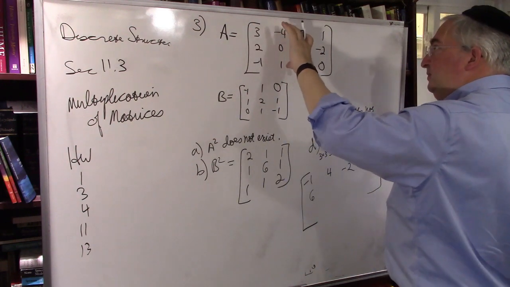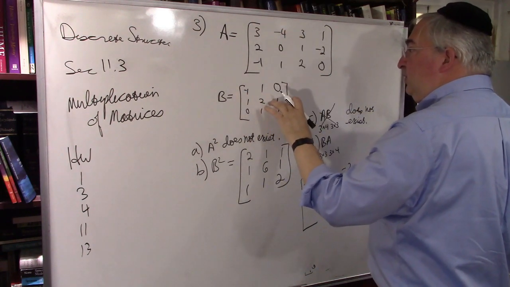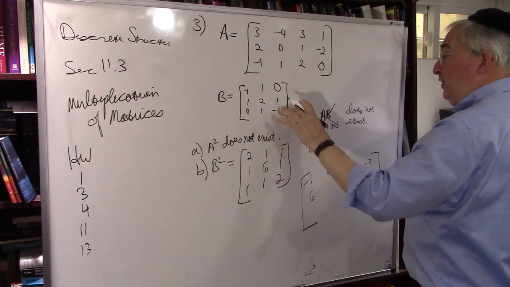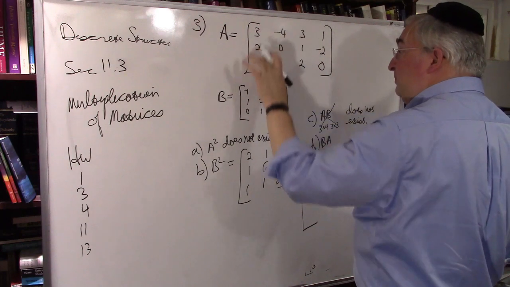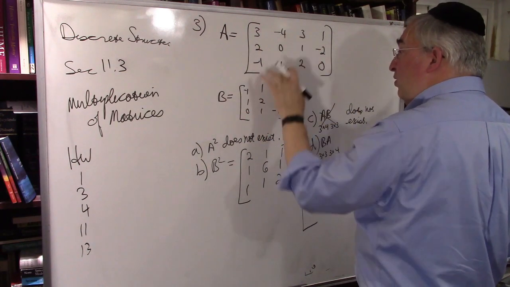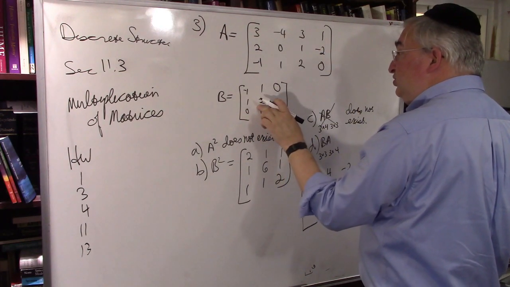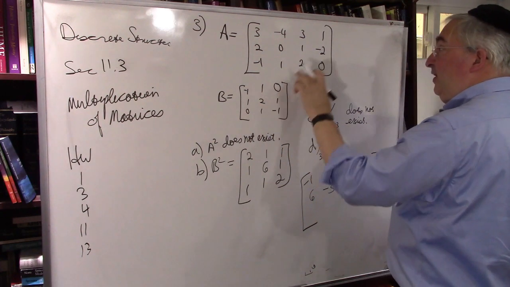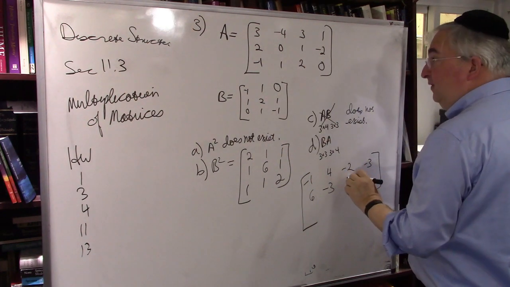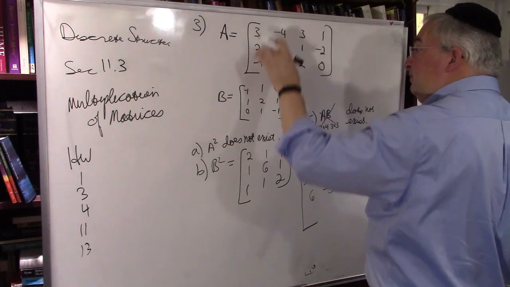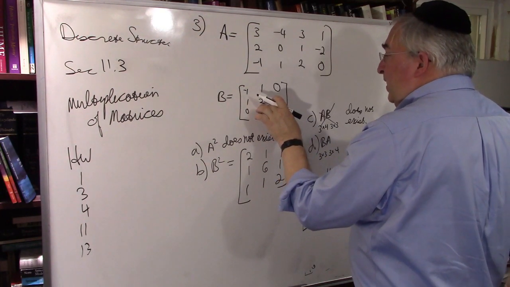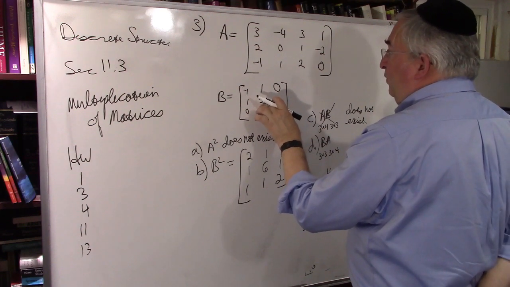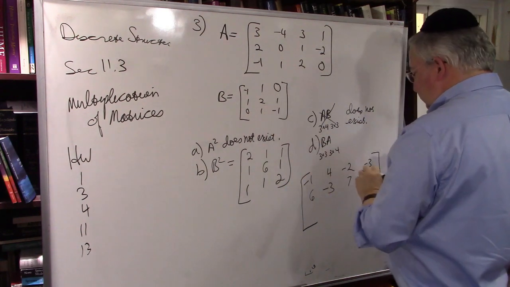Okay, this becomes minus 4 plus 1 is minus 3. And this becomes 3. 1 times 2 is 2. 3 plus 2 is 5. Plus 2 is 7. And this becomes 1 minus 4. 1 minus 4 is negative 3.